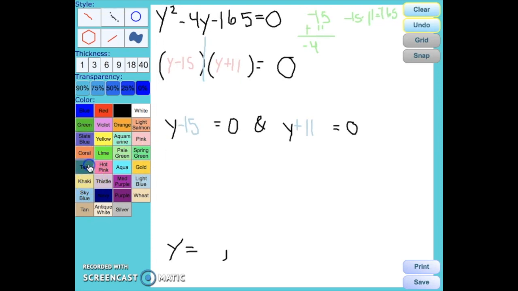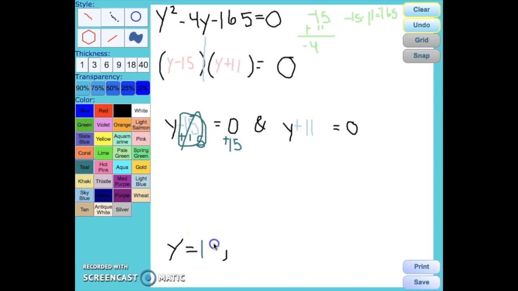We need to get y equals something definite, so that we have y on the left side of the equation and a number on the right side. To do this, we cancel out the negative 15 and add 15 to one side. What you do to one side, you have to do to the other. So now we have y equals 15.